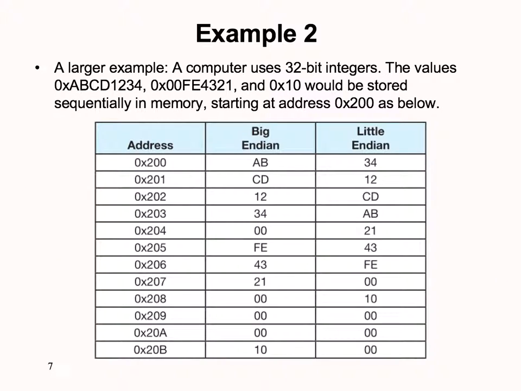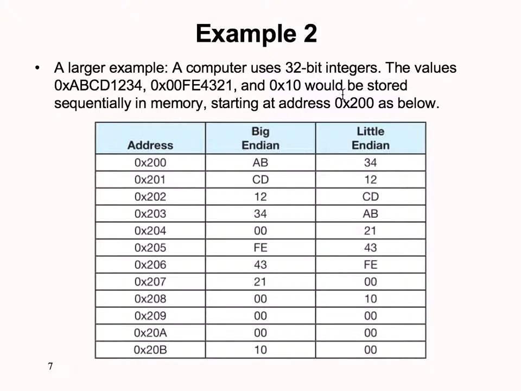Let's consider another example where a computer uses 32-bit integers, and the values to represent in hexadecimal are ABCD1234, another value, 00FE4321, and the last value, 10.